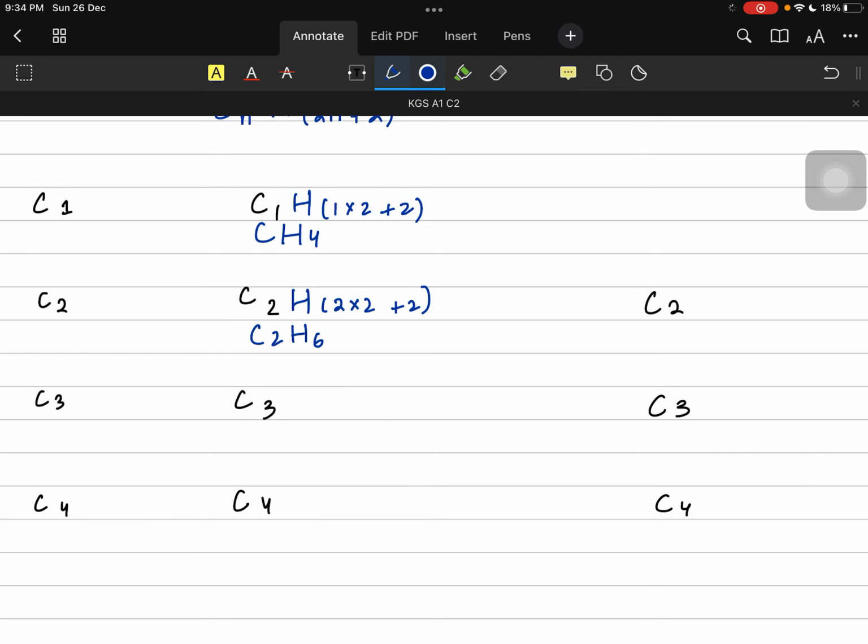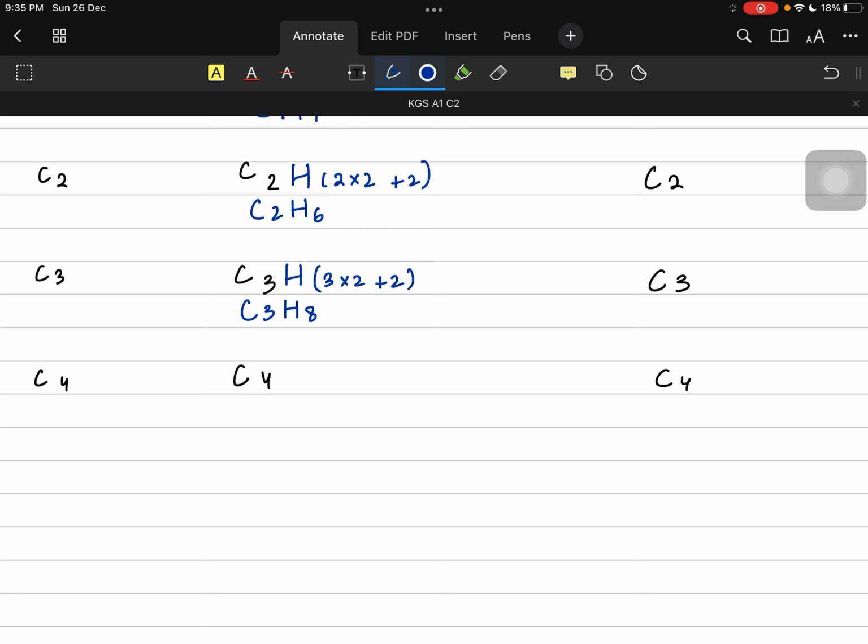Here the number of carbon is 3. You just double it, which becomes 6, and then you add 2, which becomes 8. So it becomes C3H8.